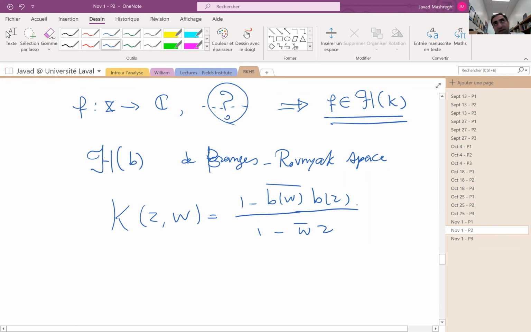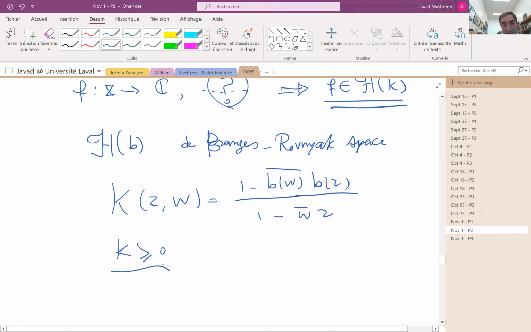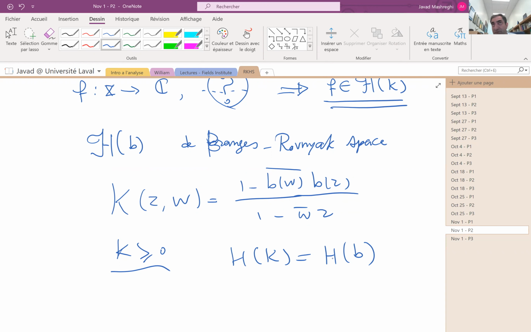Well, it's an exercise. Suppose that we can show that K is bigger than or equal to 0. We pass this story, so we have a space which we can denote by H of K or sometimes by H of B. H of B is more common. Good. Now, what are the elements of H of B?